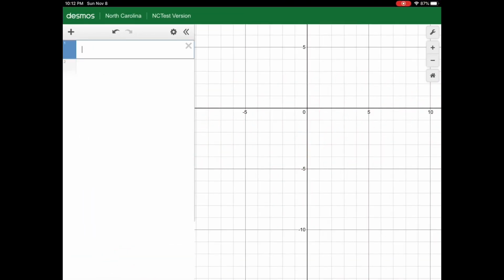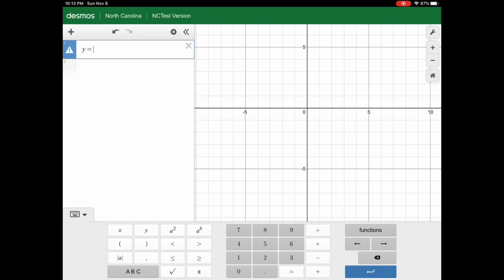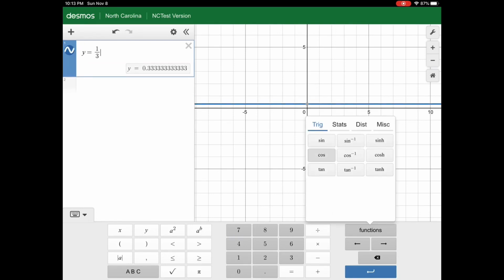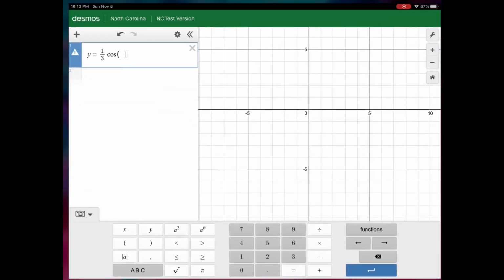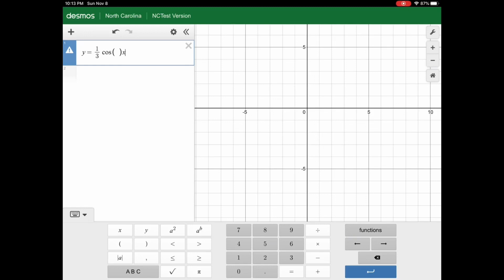All right, so I'm going to go look at this in Desmos. And so I have 1/3 the cosine of x minus 1, got to get in the parentheses, and plus 3. So you can clearly see that we have a very stretched out sine, or we have a very stretched out wave right now.